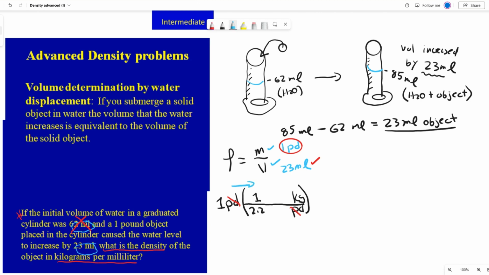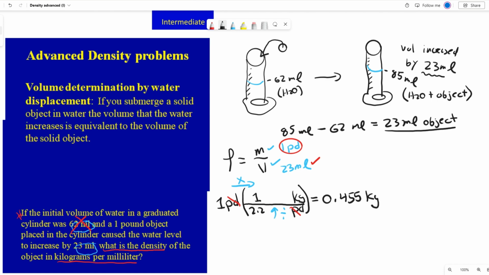And then we multiply across and we divide going up. So 1 times 1 equals 1, and then divided by 2.2 gives us 0.455 kilograms as the mass of our object in kilograms.